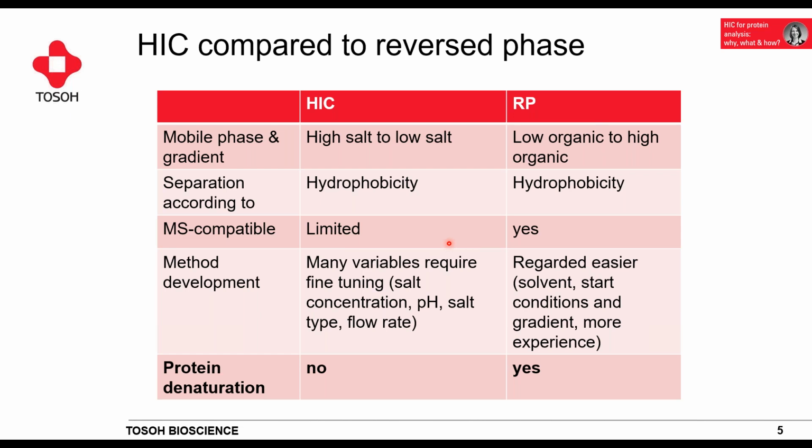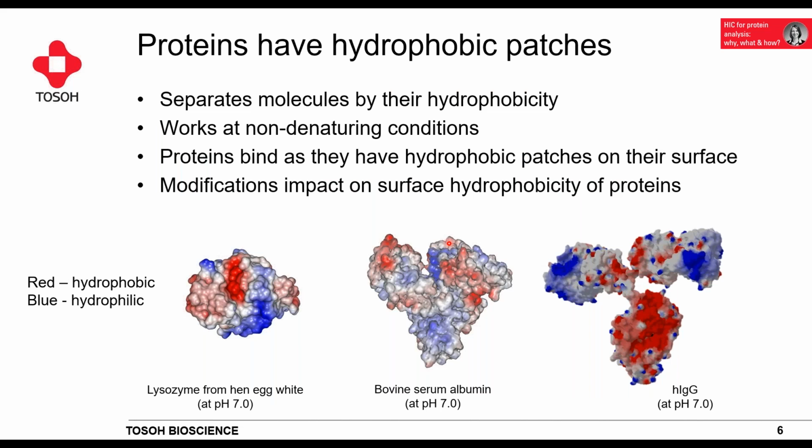Now we come to the molecules that we actually want to look at, proteins. Why can we separate proteins by hydrophobic interaction chromatography? Why are they retained?